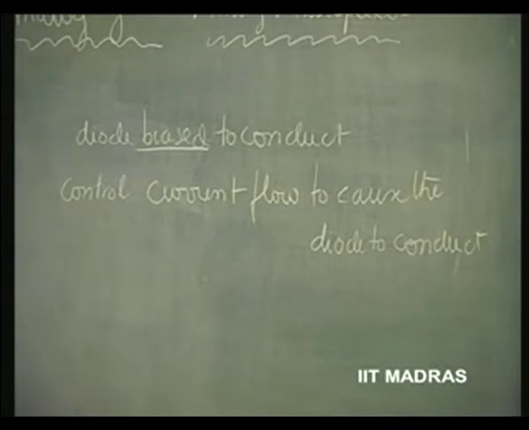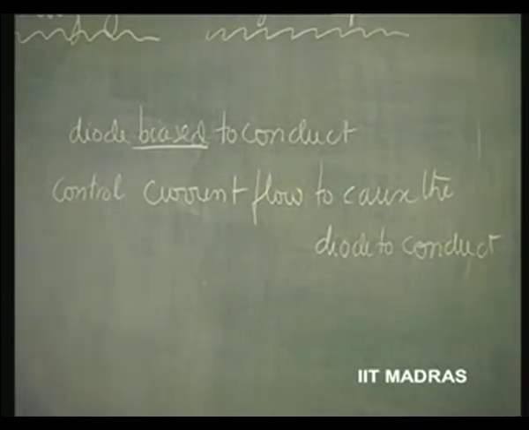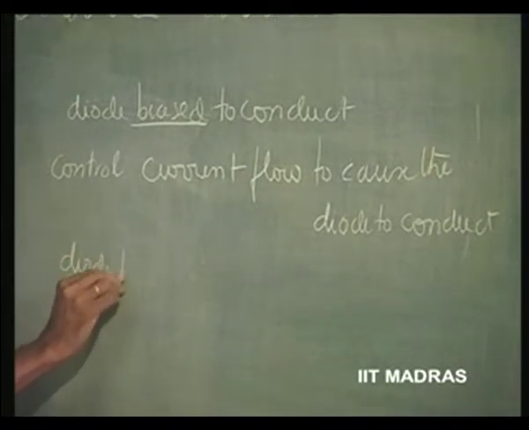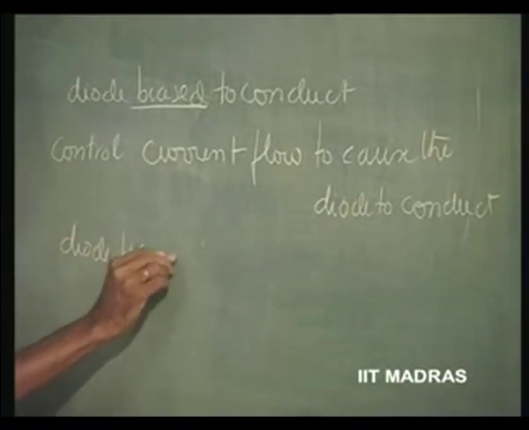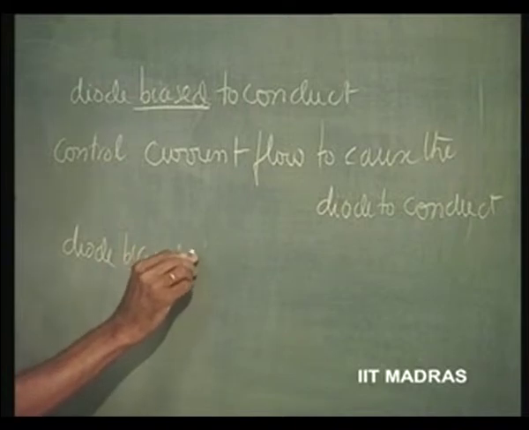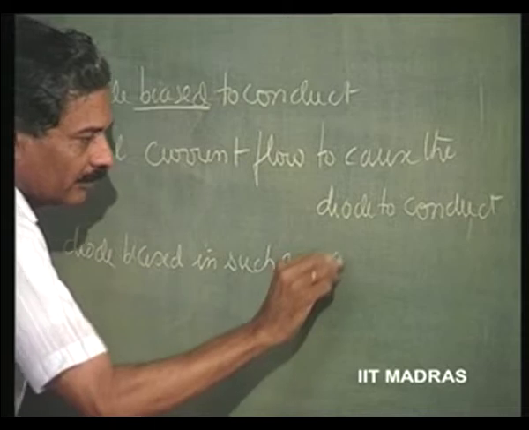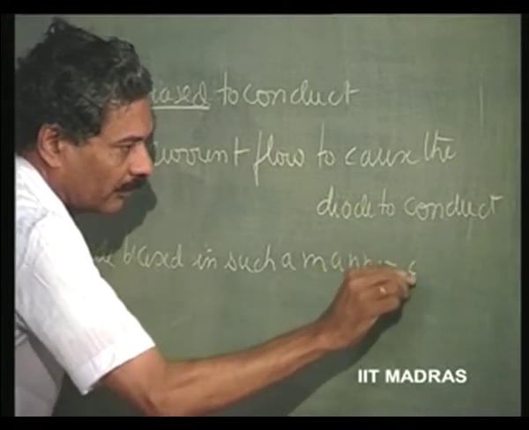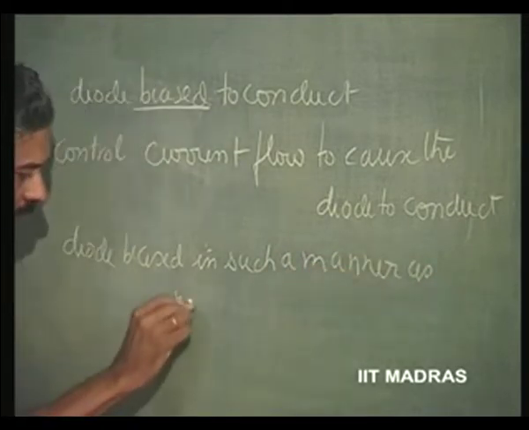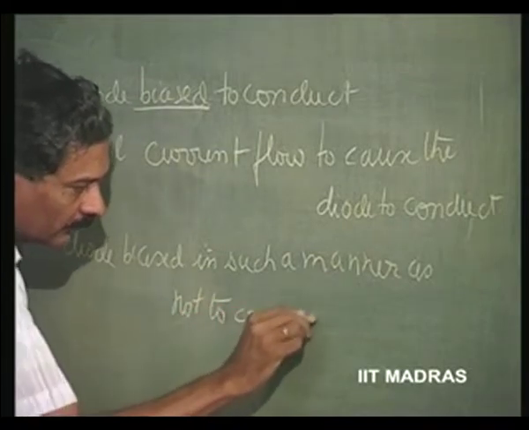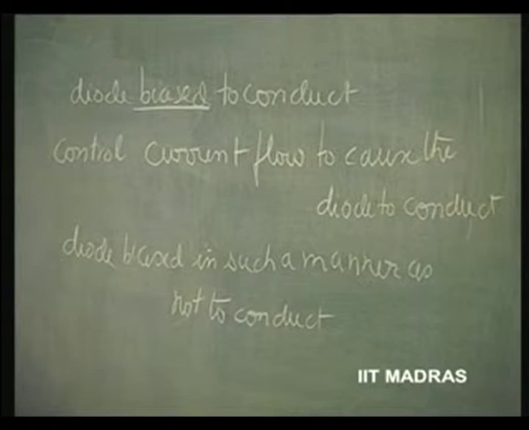When I want the diode not to conduct, biased in such a manner as not to conduct, then what should I do?